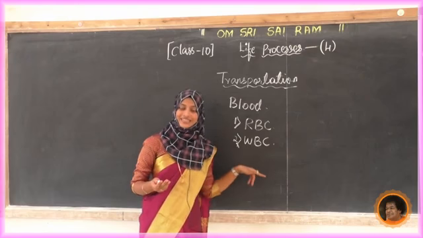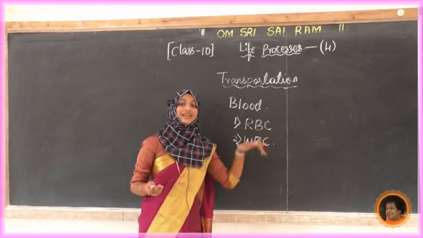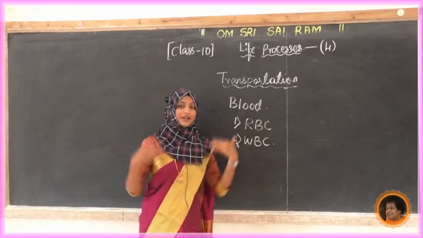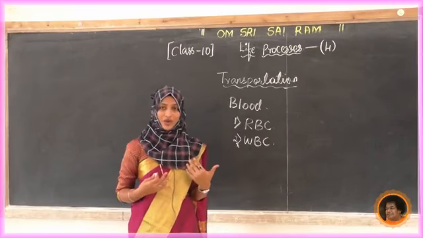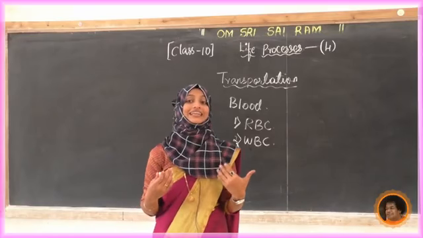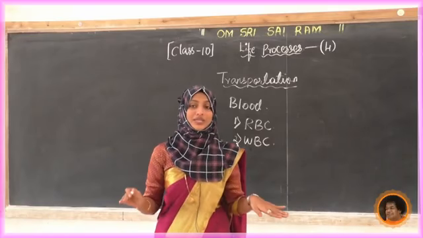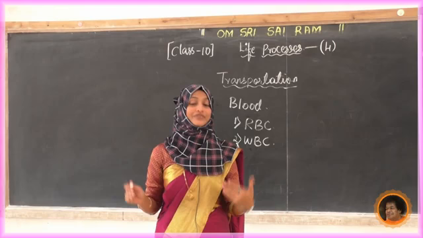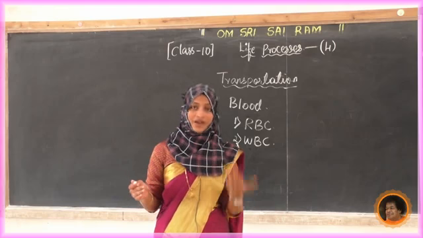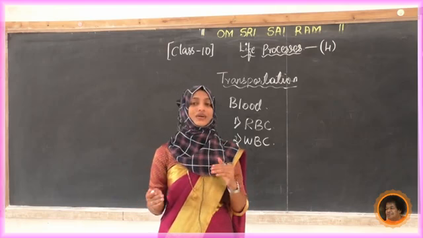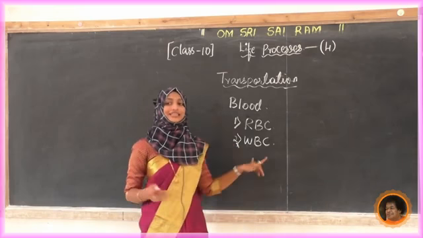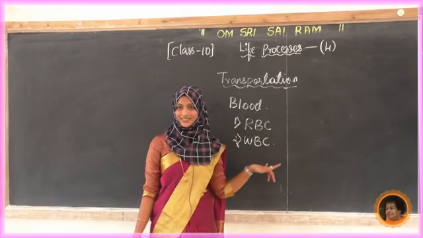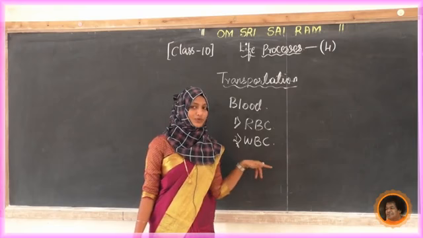Any foreign microbes entering our body may kill or destroy our immunity system. So which one will win? Microbes will win. So what will happen? Surely we will get the diseases. So this is all about WBC.